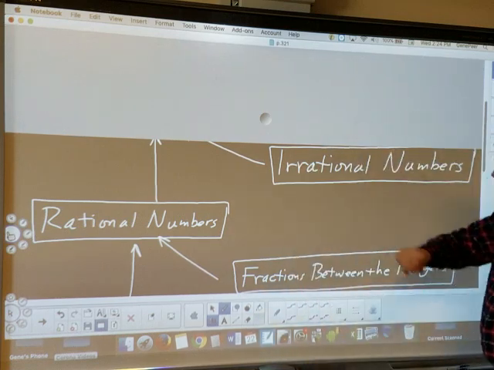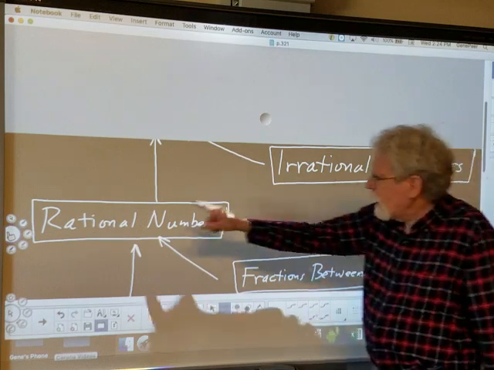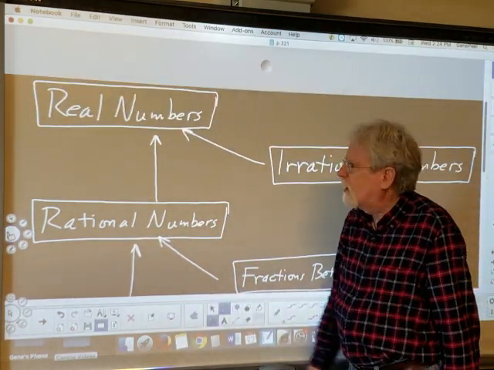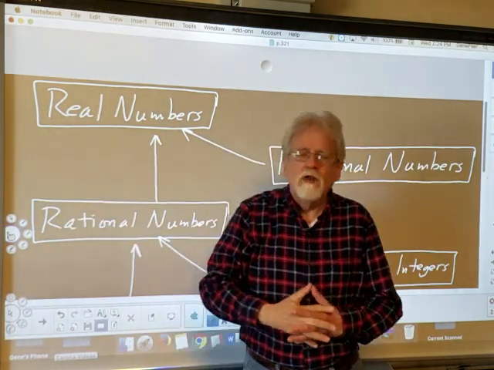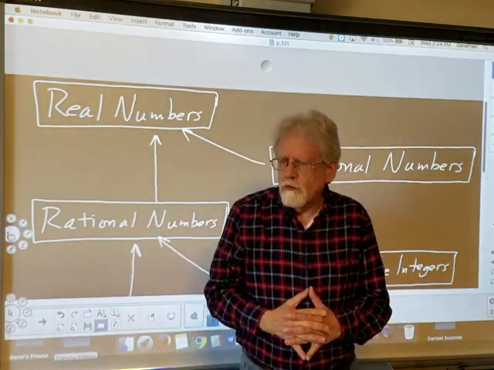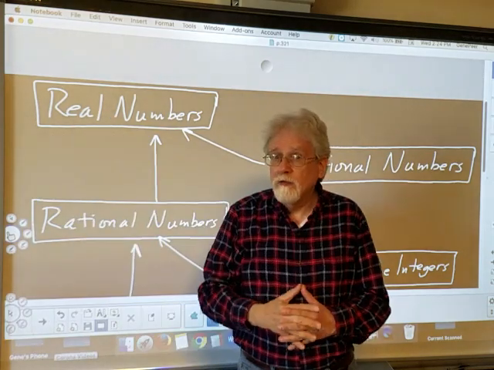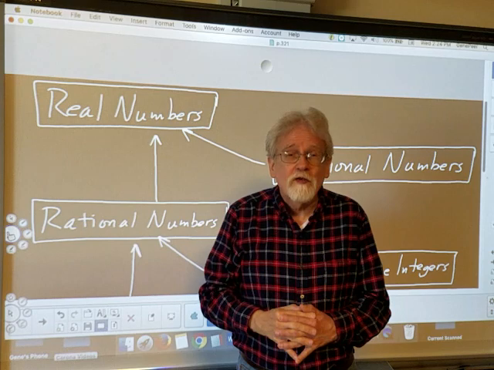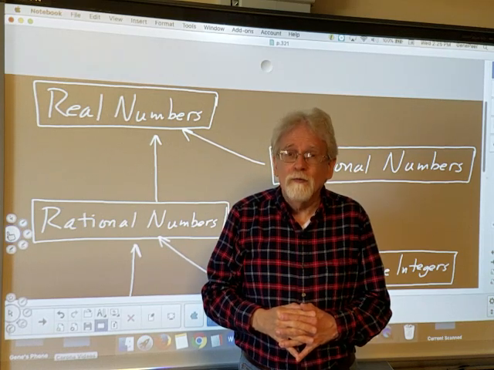They are irrational numbers. So if we take the rationals and the irrationals, put them together, we get that set that you've known about for a long time, known as the real numbers. Did you ever wonder why we call them real? There's a reason we call them real. Because there's another group that's not real.